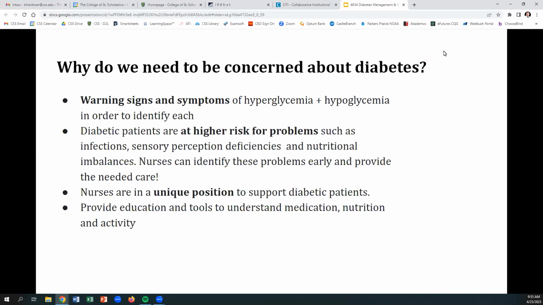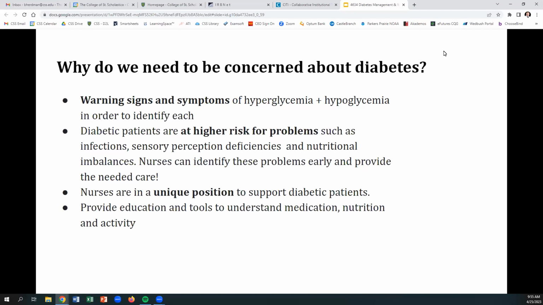There are specific signs and symptoms attributed to each of hyper- and hypoglycemia that make it relatively easy to identify each condition. Furthermore, people with diabetes are at higher risk for other problems, such as infections, sensory perception deficiencies, and nutritional imbalances.